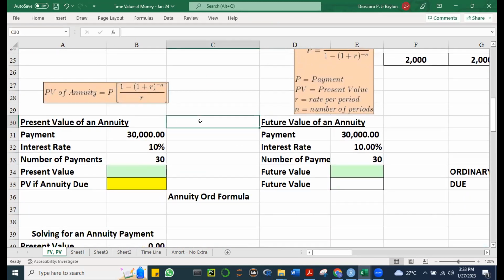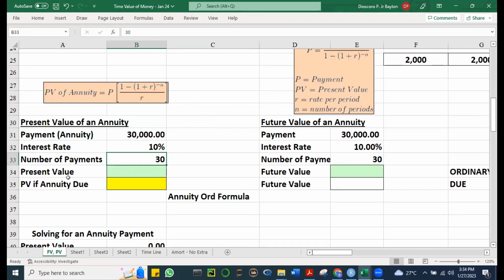All right, so kindly, you have this problem: a 30,000 payment refers to annuity. This is our annuity. 30,000 per period. Let's just say it's per year. Interest rate is 10%. Number of payments is 30.